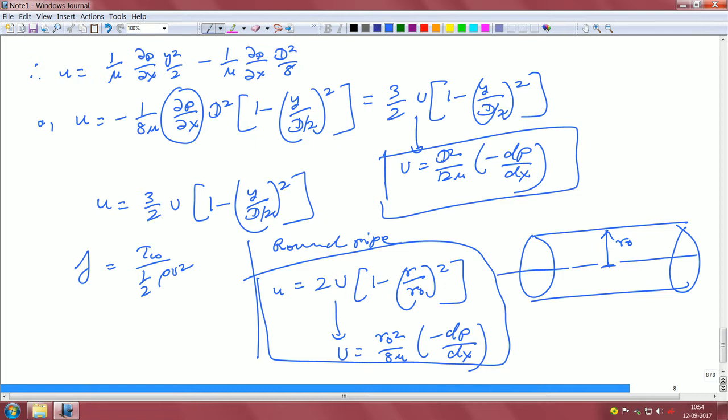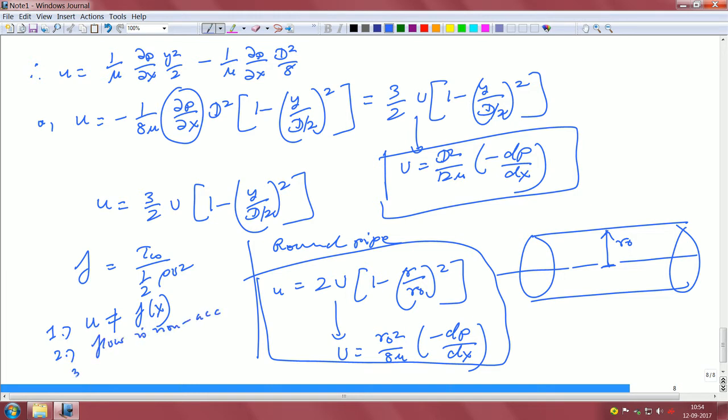Okay. So, what did we do? We found that indeed u is not a function of x. That was the first point that we took. The second point was that the flow is non-accelerating.